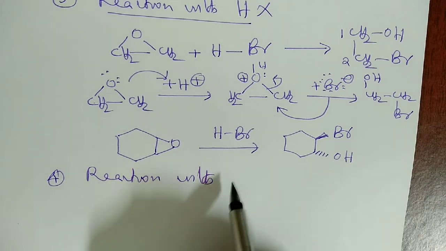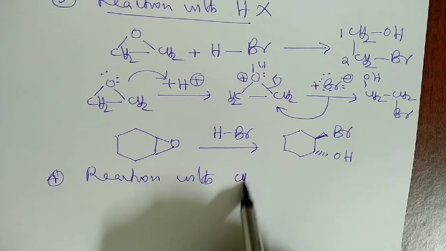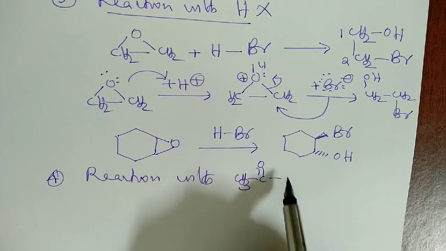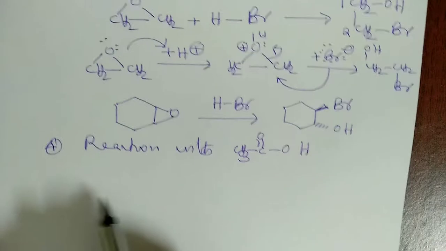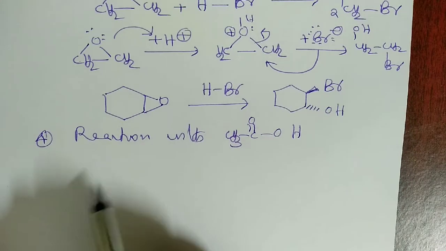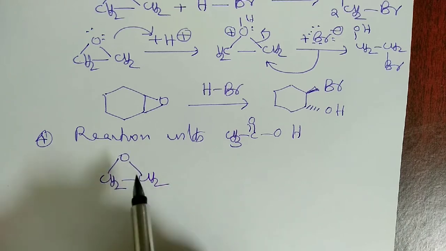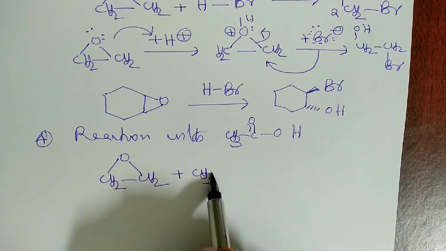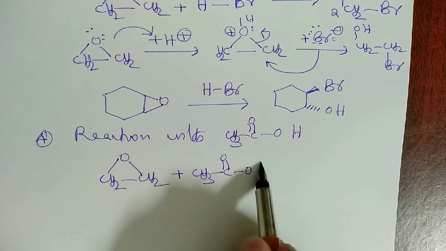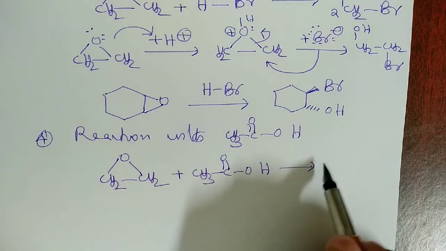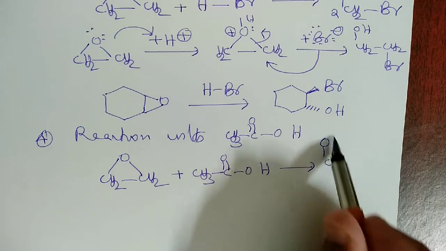Reaction with acetic acid. Ethylene epoxide or epoxyethane on treating with acetic acid, glycol monoacetate is formed.